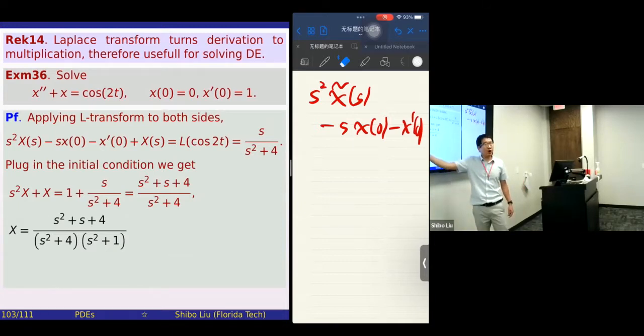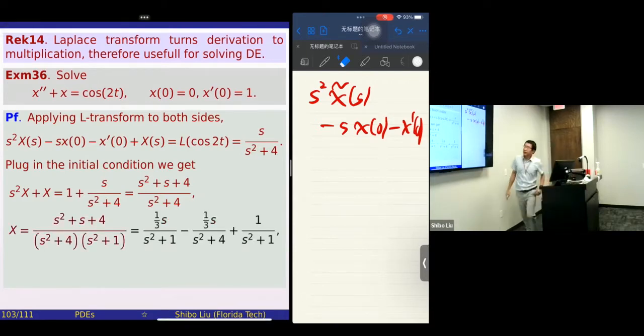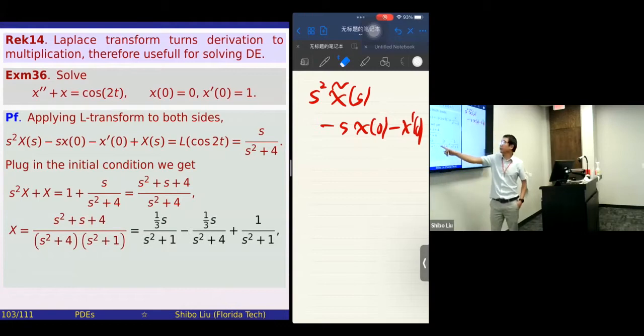So to compute the inverse Laplace transform of this function, we decompose it into the sum of some simpler functions. And for each of those simpler functions, we know its inverse Laplace transform. So this can be decomposed into the sum of these three functions.